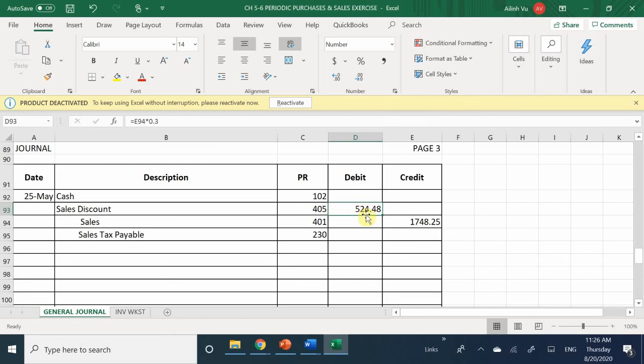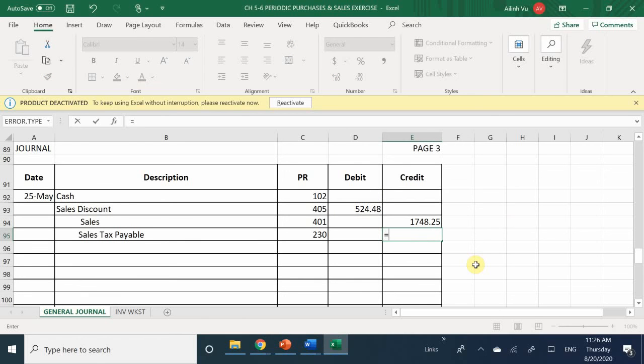Good. All right. Now, based off of this amount, are you truly selling $1,748? No. You're selling this amount minus your discount, right?